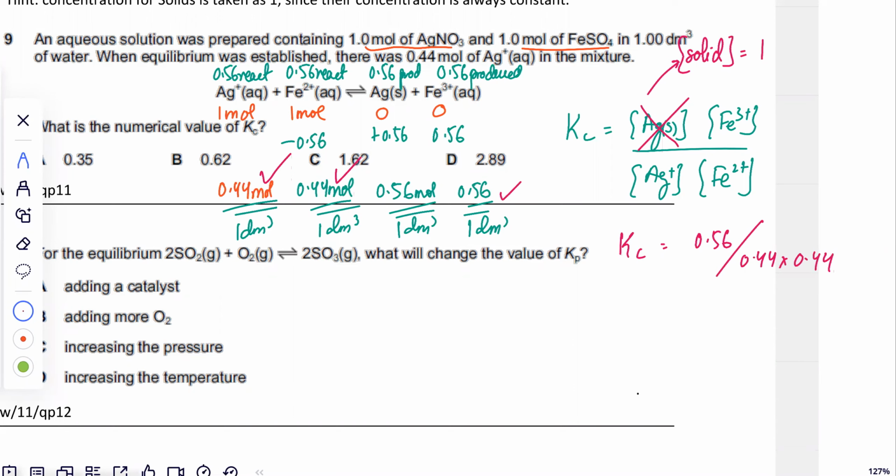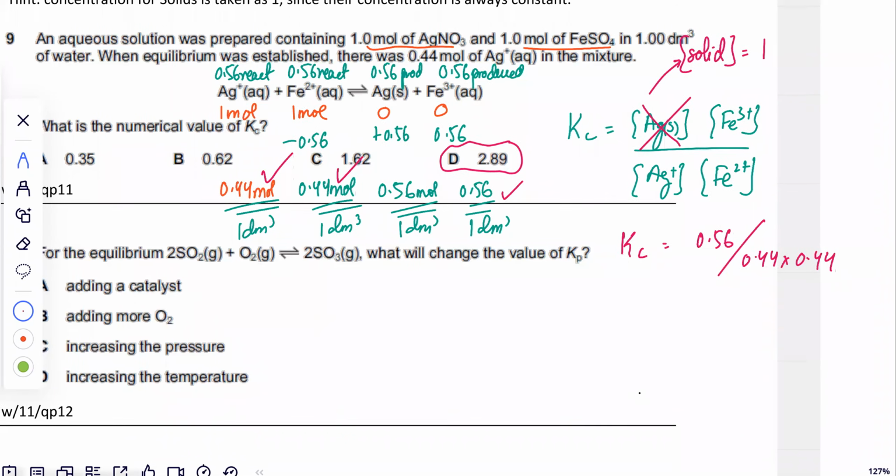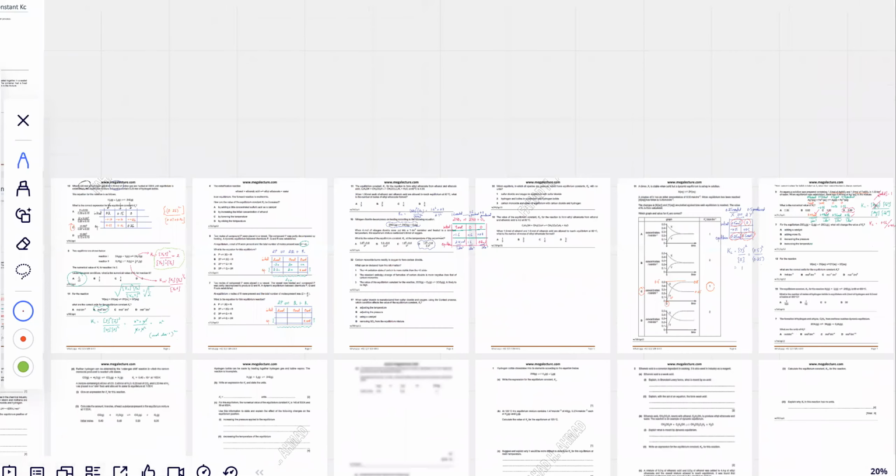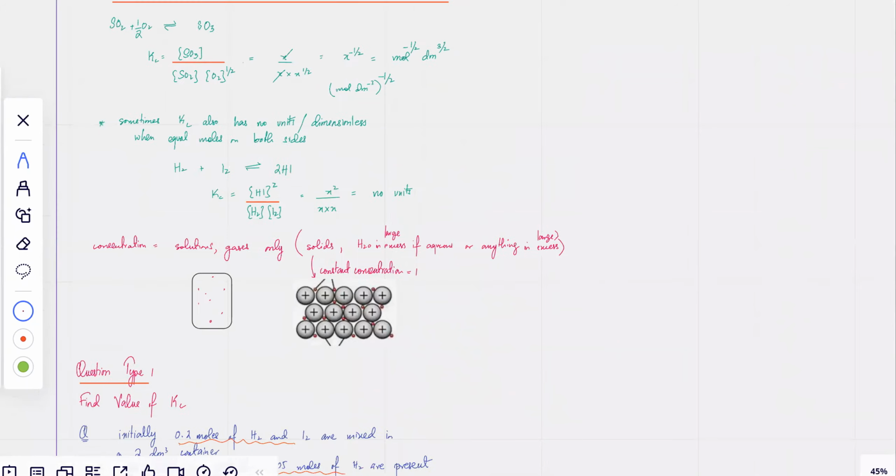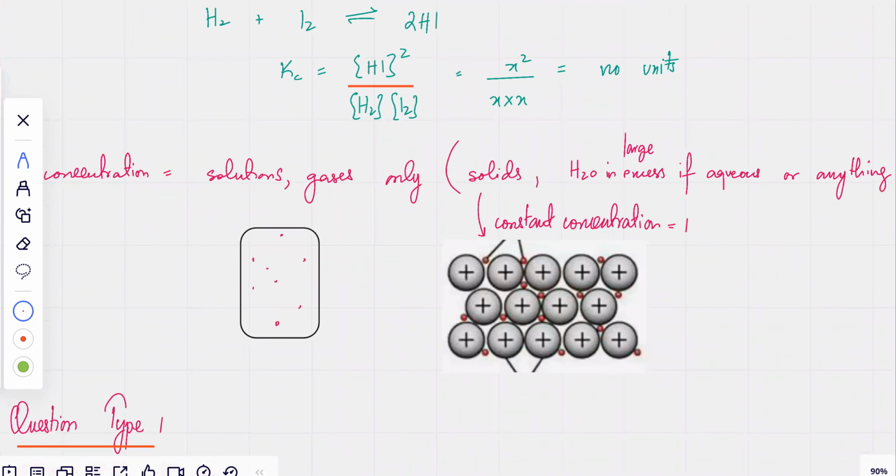What do we get? Has anyone calculated this? 2.89. Okay, so we're going to get 2.89, but be very careful that in the expression of Kc, products over reactants, as we did when we were doing this earlier, I explained that the term concentration is only used for solutions or for gases.